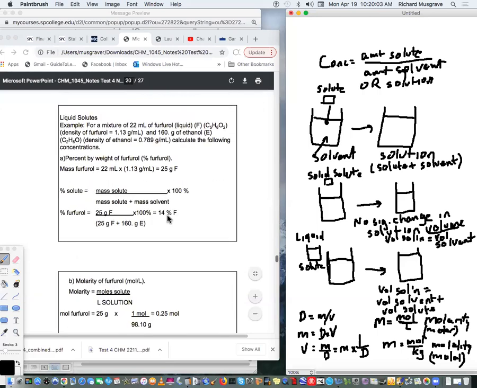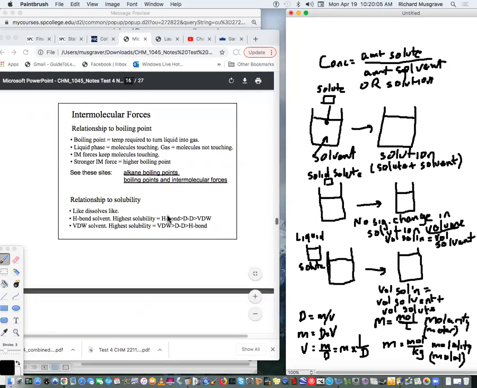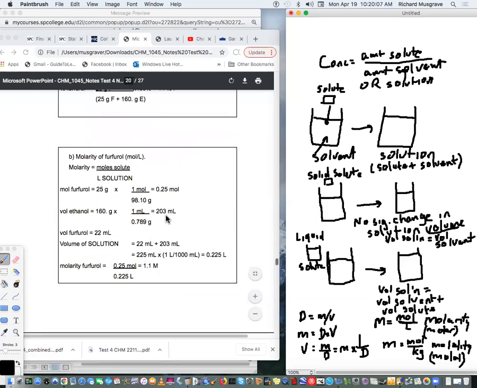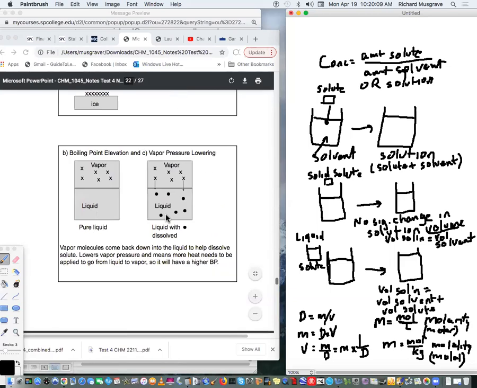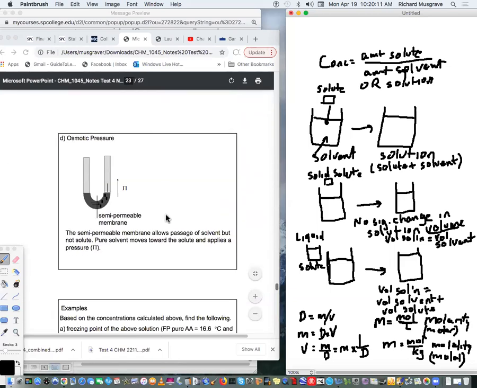So one of the other applications of osmosis is something called reverse osmosis. Now, reverse osmosis is what happens if you put pressure that's more than the osmotic pressure. In this case, it'd be 29 atmospheres.